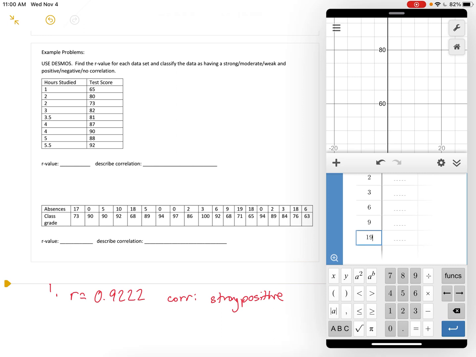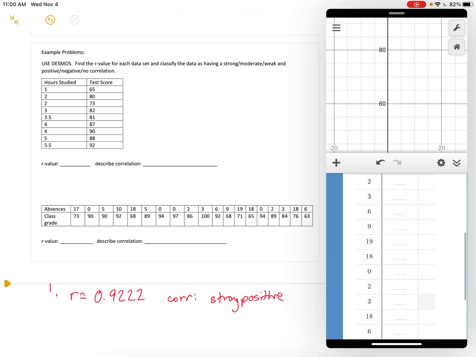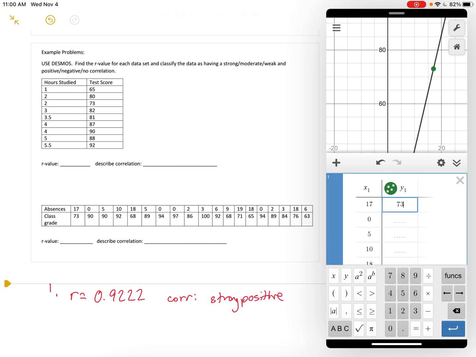This data set's a little bit longer, so it's going to take me a little bit longer to type in. Okay, that should be all my x's. Now scroll back up, let's type in our y's. And like I said in the past, you can see the lines start to pop up in some points.